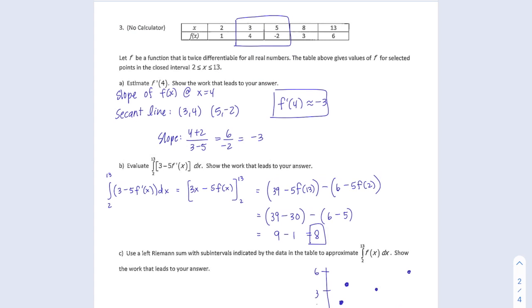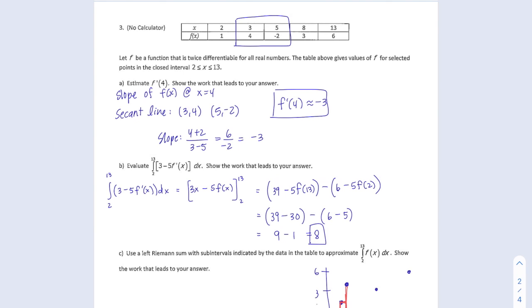The first interval we have here is, so I'm going to do 4 pieces. The first left Riemann sum is going to start at this 2 value, and it's going to create this little rectangle there.